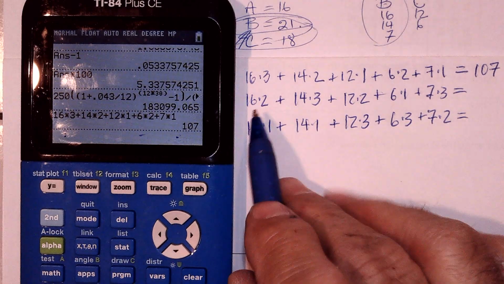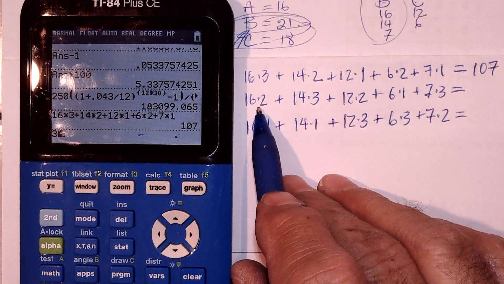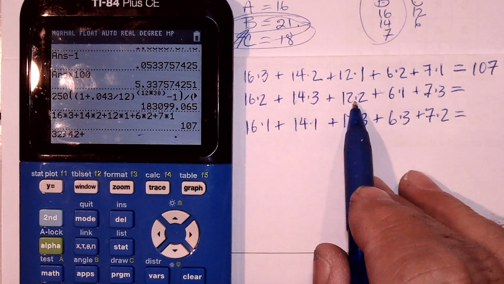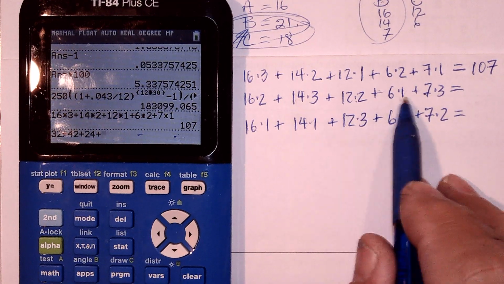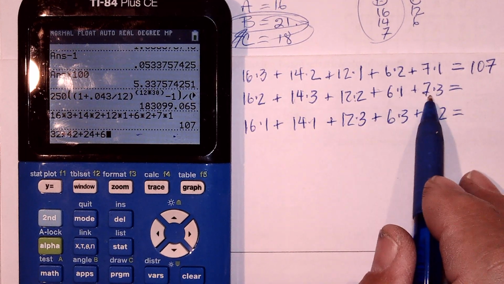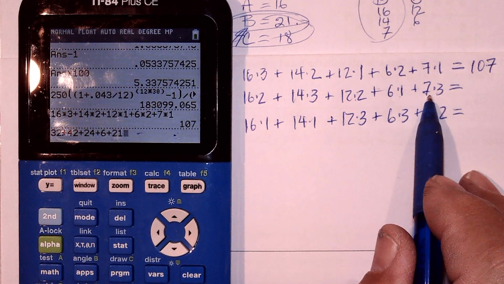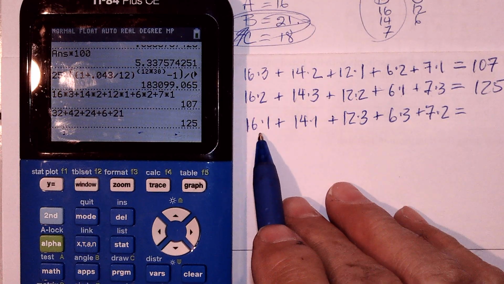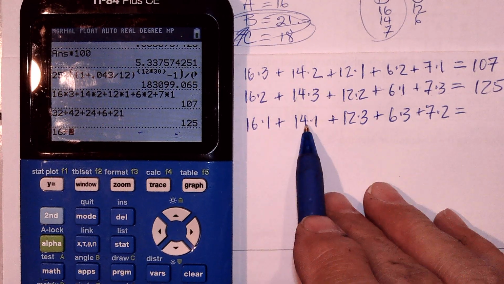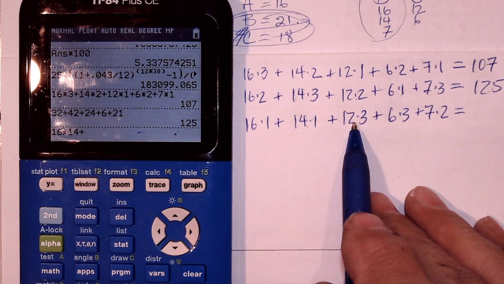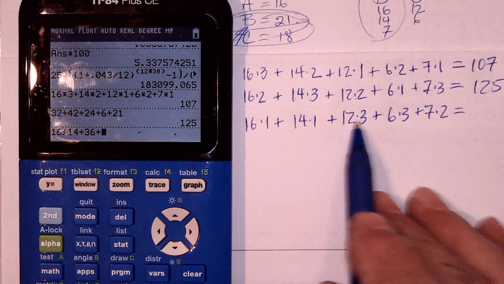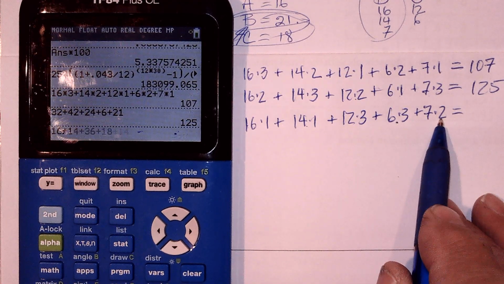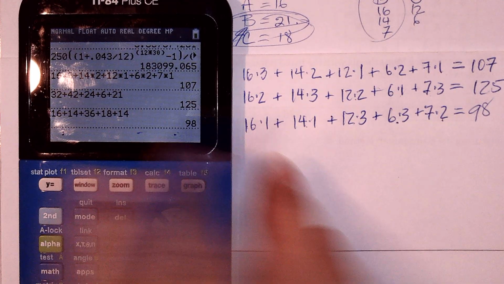I can do some of this in my head. 32 plus 42 plus 24 plus 6 plus 21 and 125. 16 plus 14 plus 36 plus 18 plus 14 is 98.